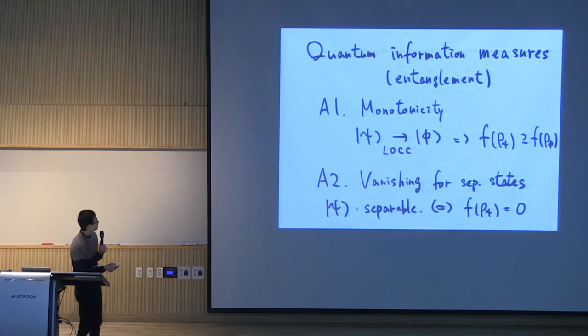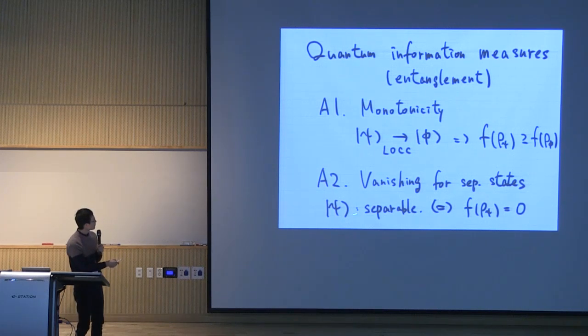And we also postulated a second assumption, which is the vanishing for separable states. Since separable states, by our definition of entanglement, do not have any entanglement, for separable states we want to offset the function. So this is the choice of the origin of the function.